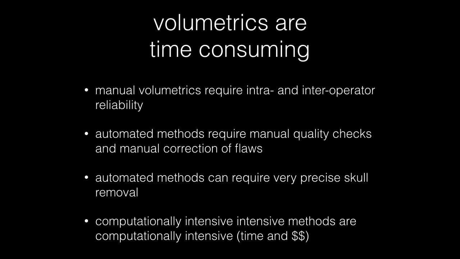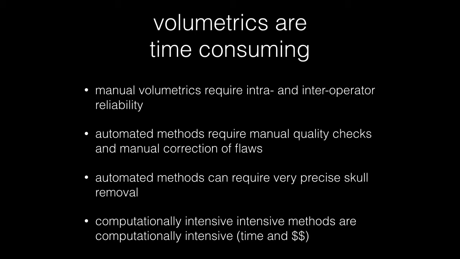The third point that I list here is that automated methods can require very precise skull removal. And actually, I want to extend that to all methods because frequently what you're going to be doing with your volumes from individual structures is expressing them as a percentage of total intracranial volume.